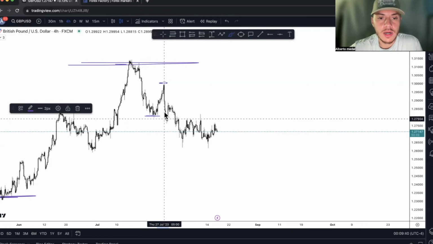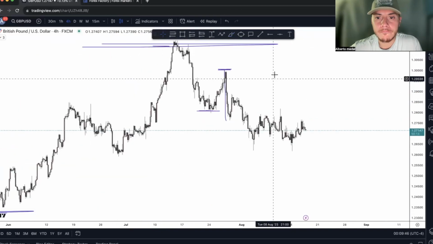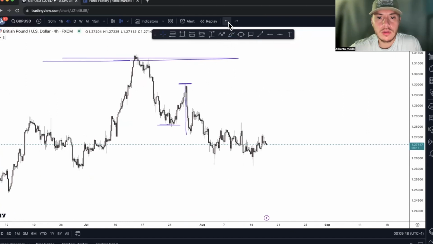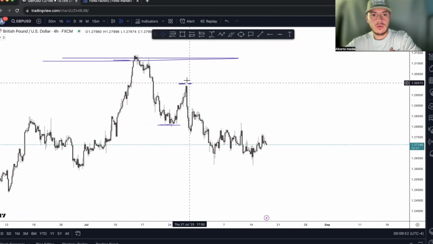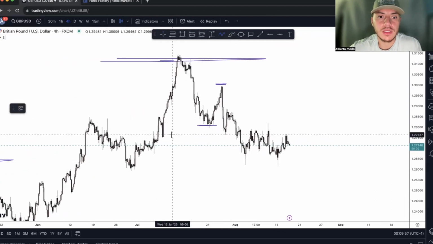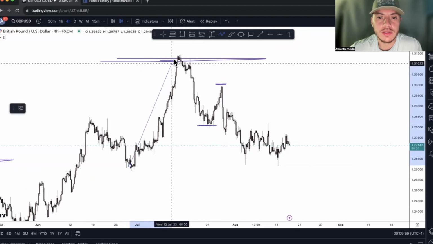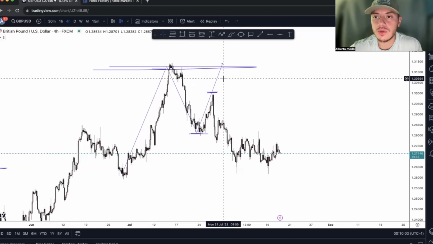On the H4 time frame, we got a higher low, but then we created this lower high. Let me zoom in a little bit more. We made a lower high, but the market wasn't ready to continue making its way to the upside.